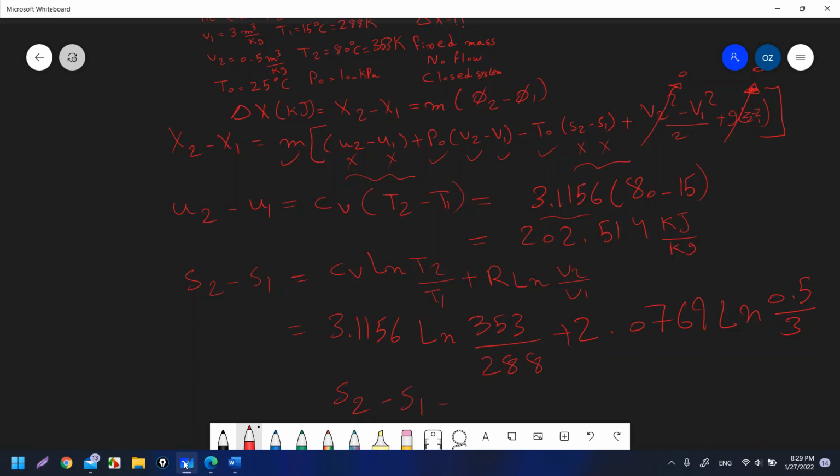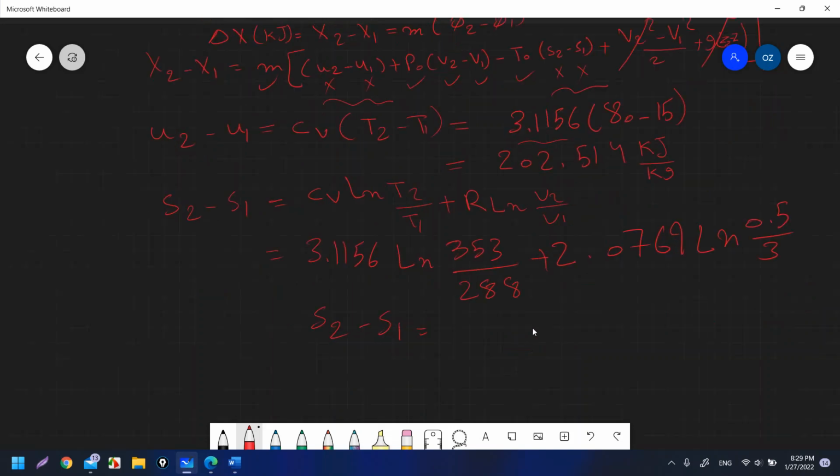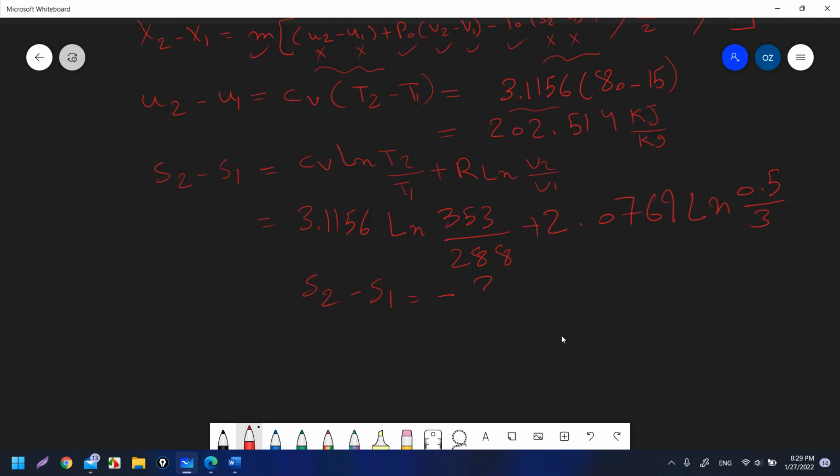S2 minus S1 will equal negative 3.0873 kilojoule per kilogram Kelvin.